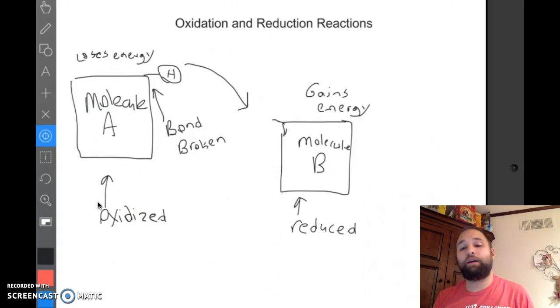Know how photosynthesis and respiration are similar and different. Know the processes of each, make sure you know the chemical equation, and understand the difference between oxidation and reduction reactions.